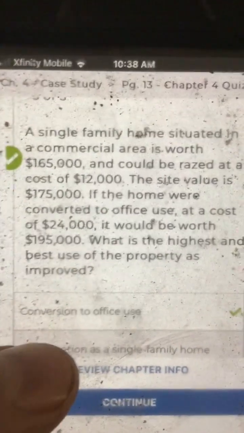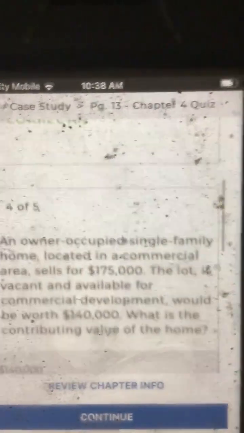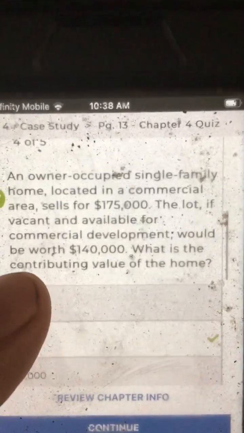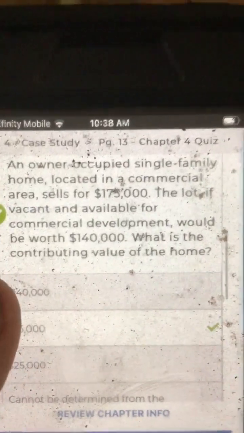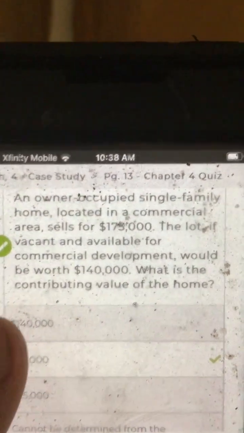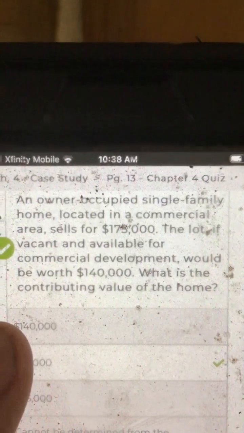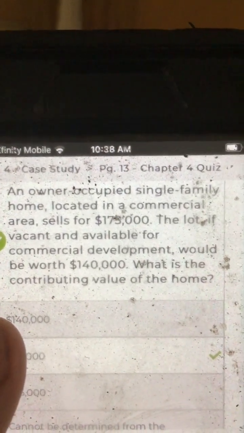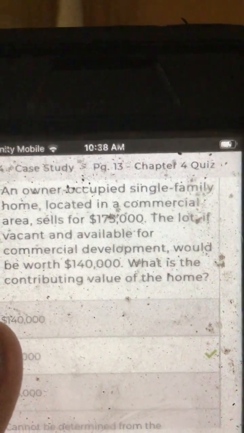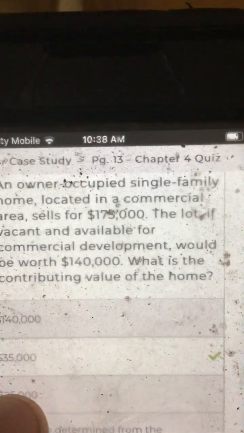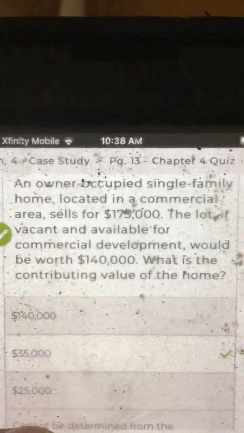You said conversion to office use. That's correct. Number four, an owner-occupied single-family home located in a commercial area sells for $175,000. The lot, if vacant and available for commercial development, would be worth $140,000. What is the contributing value of the home? You said $35,000. That's correct.